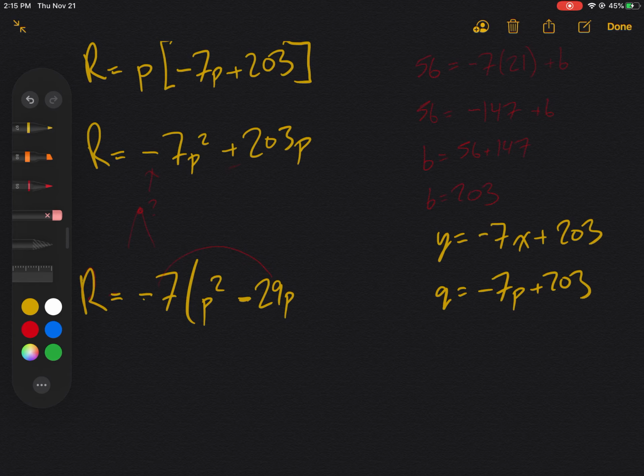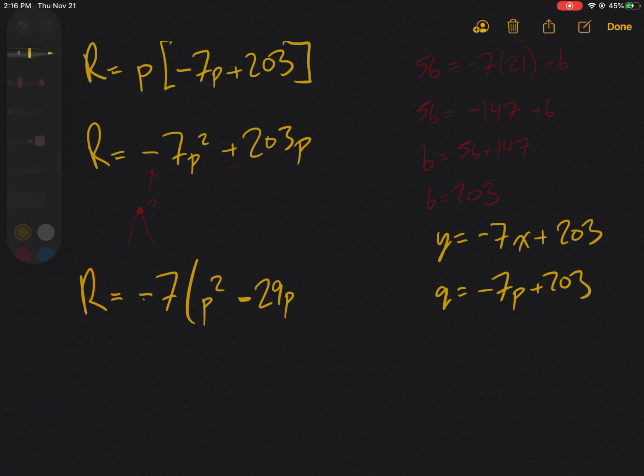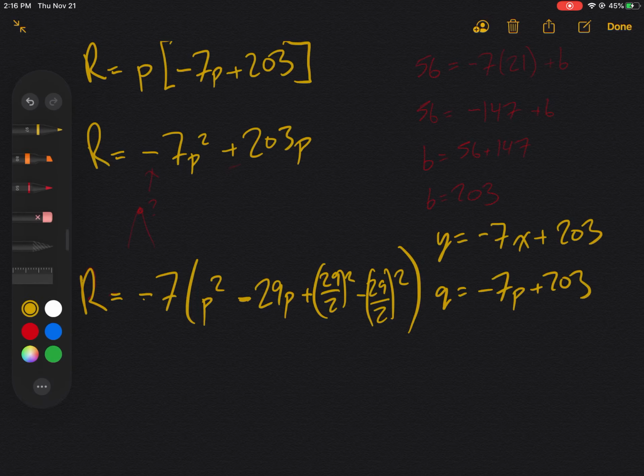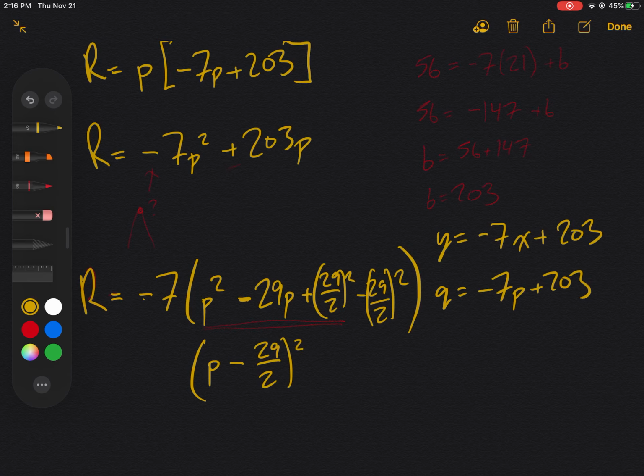Okay, so what do I do? Let's erase some of this. Basically, I need my c value, which is equal to plus 29 over 2 squared minus 29 over 2 squared. All right, what's my next step? Well, this here is a perfect square, and the perfect square is P minus 29 over 2 squared.